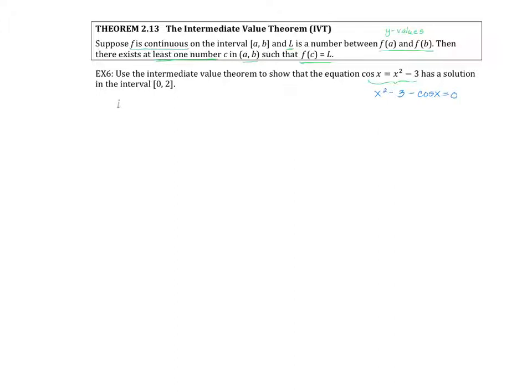So I'm going to let f of x equal x squared minus 3 minus cosine of x. Here's my function. So really what this is saying is f of x is equal to 0.